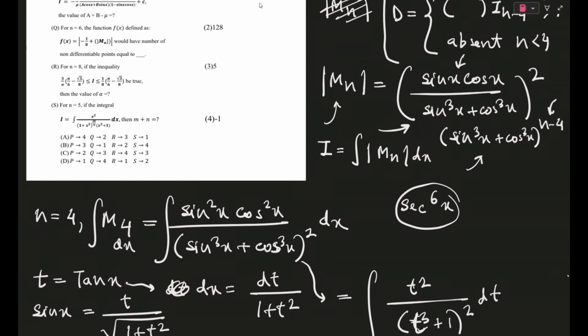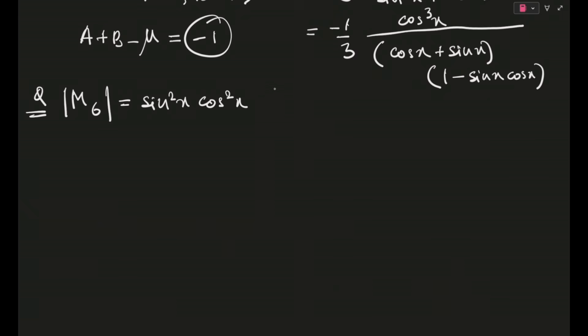So I hope it's clear. Let's go on to solving this. So guys, our mod mx has come out to be sine square x cos square x. I hope you can understand, those two brackets in the numerator and denominator become equal, so they get cancelled. Now we can't actually find the number of points of non-differentiability of this expression, so we need to convert it into something better.